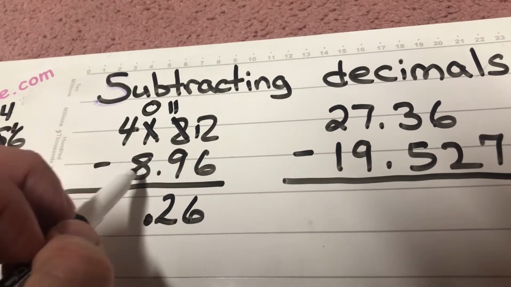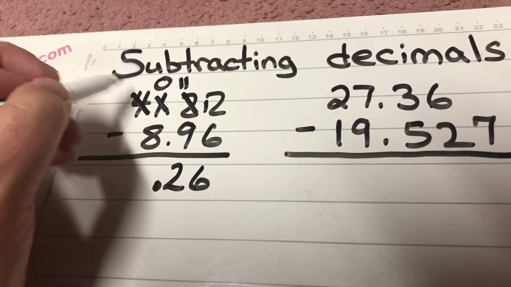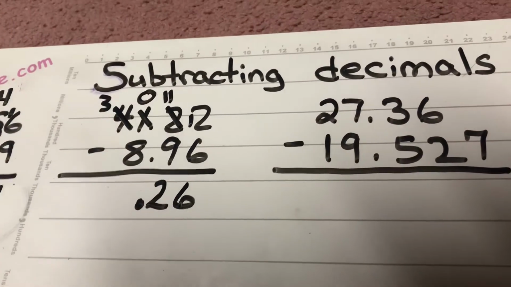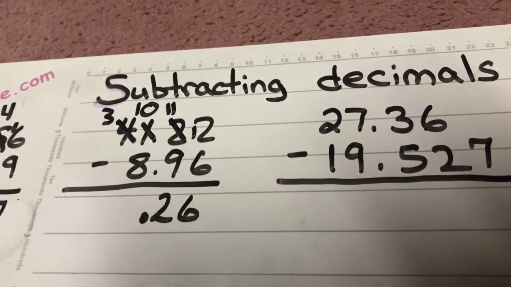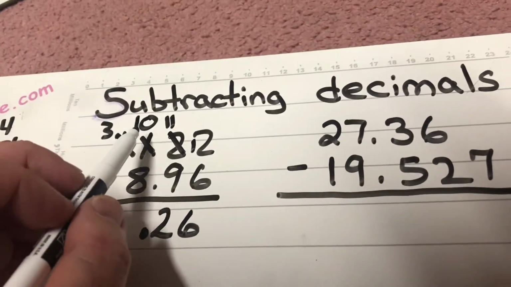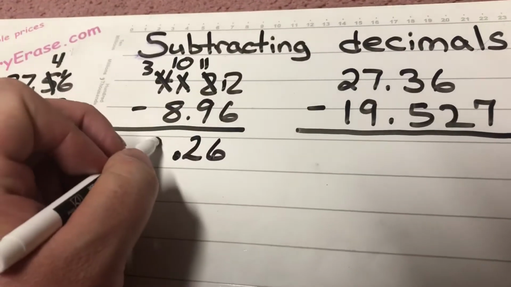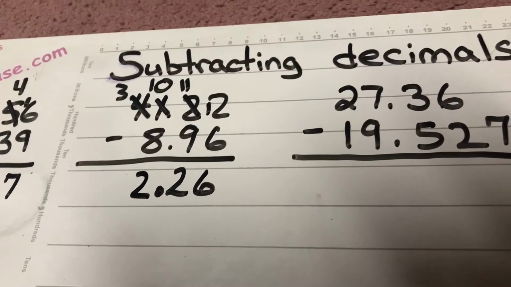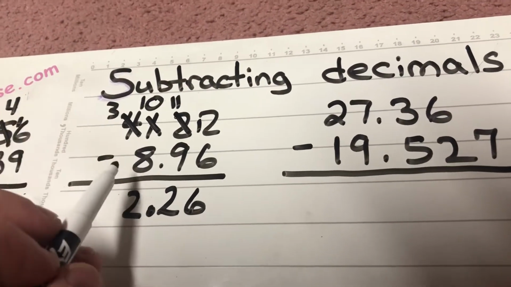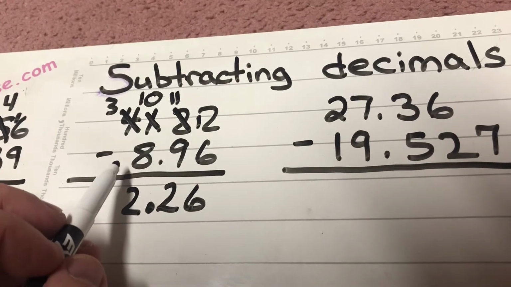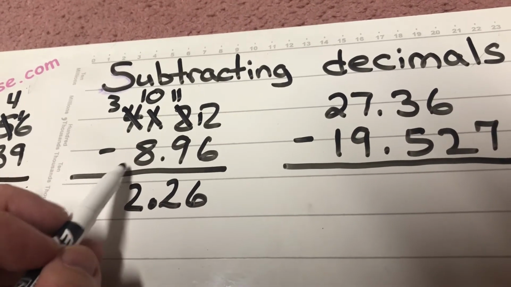Well, we know we can't take 8 away from nothing, so I have to borrow from the 4 and make that a 3. And the 0 is going to become a 10. That leaves me with 10 minus 8, which is 2. Then I have 3 minus, there's nothing here. Now, if I want to, I can put a 0 here.